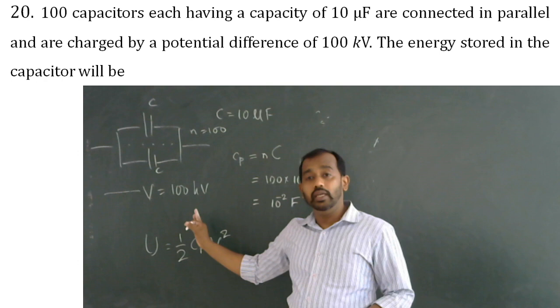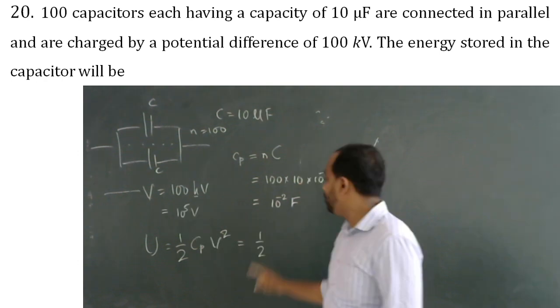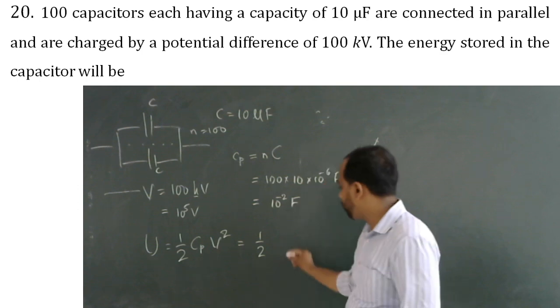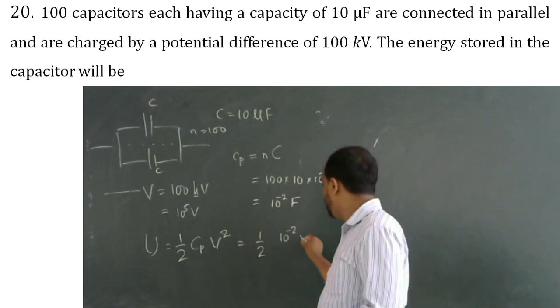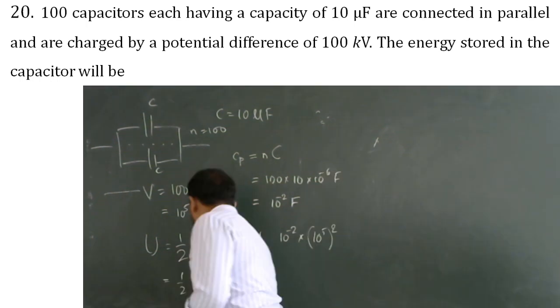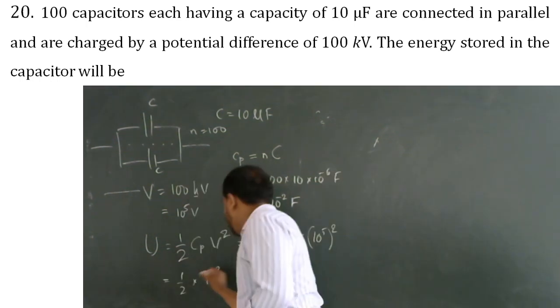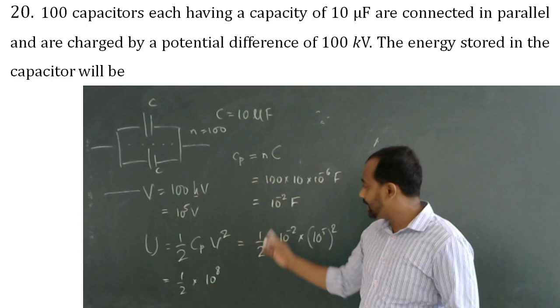Now we are going to substitute that here. Therefore, it will be equal to half into Cp, that is 10 raised to minus 2, into V, 10 raised to 5, then square. So it will be 10 raised to minus 2 into 10 raised to plus 10, which will be half into 10 raised to plus 8. Since it is an energy, it will be expressed in joules.